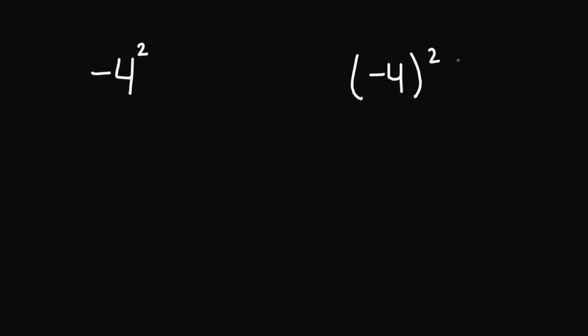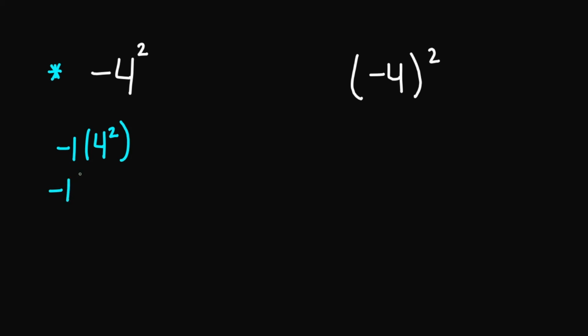So let's look at these two examples here. Notice that we have parentheses on one example, and we do not have parentheses on the other. In this example right here, this means you have an imaginary -1 times 4 squared.